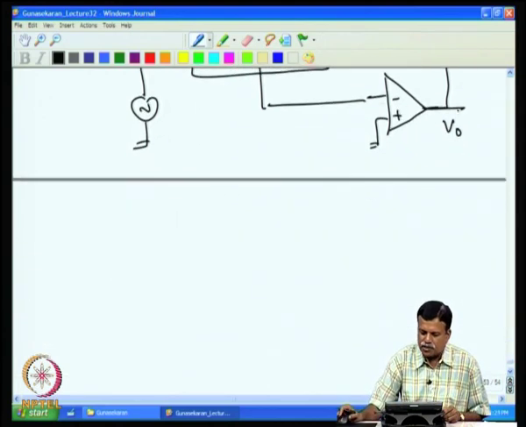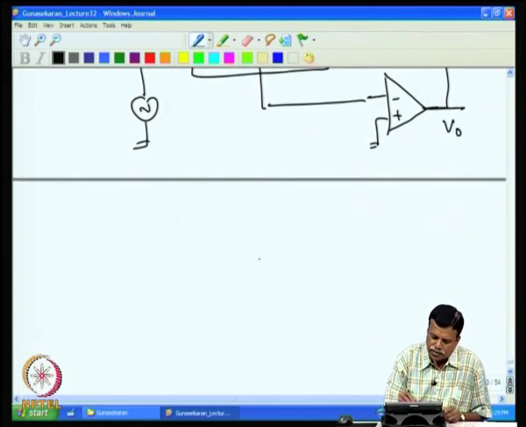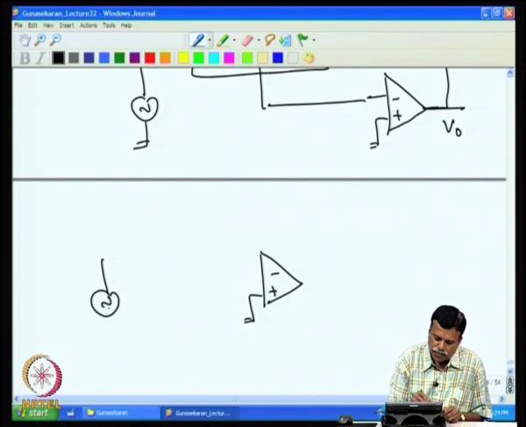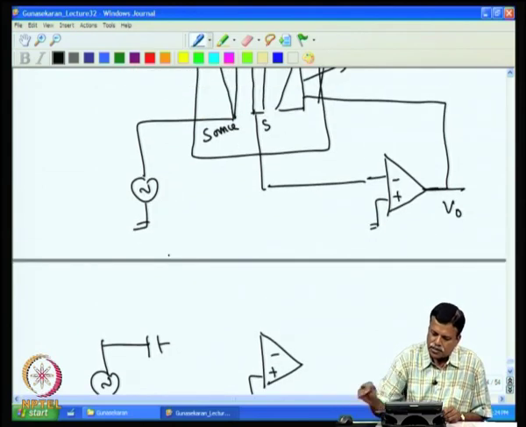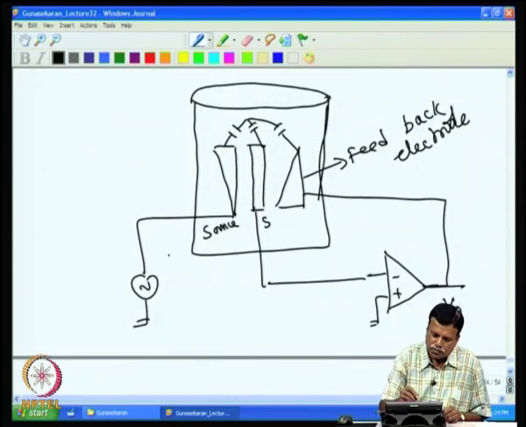Now, if you draw the equivalent circuit of this, it turns out to be like this. We have a source. The source is connected to the input through two capacitances, that is one capacitor CS, and then C electrode and C feedback.